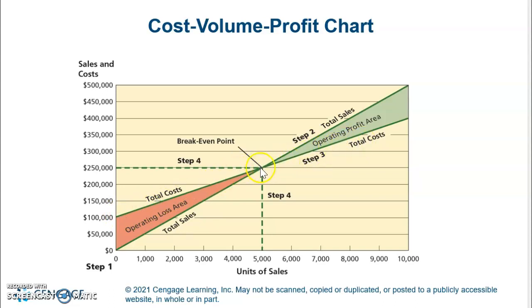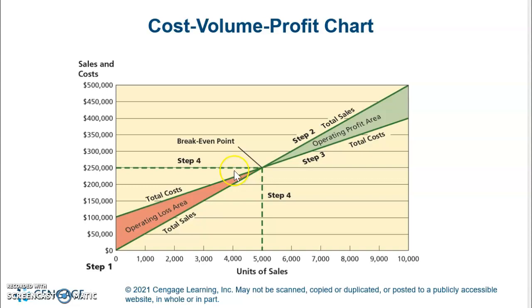And then where these two intersect is your break even. Now notice that your total costs start at 100,000 because that is your fixed cost there. And then it goes up with your variable cost. So where your line intersects is your break even.